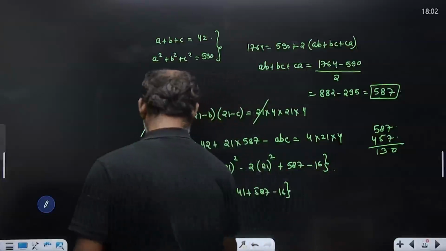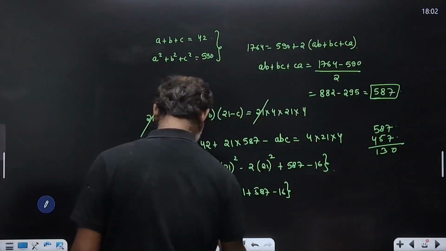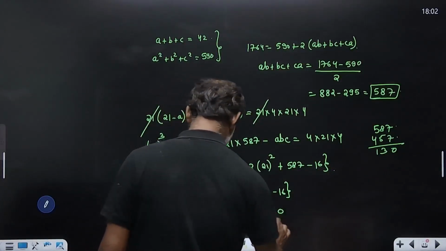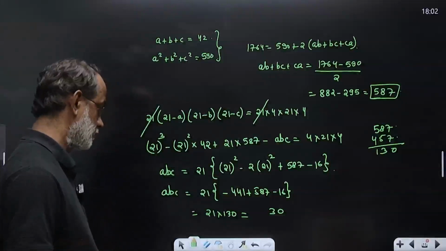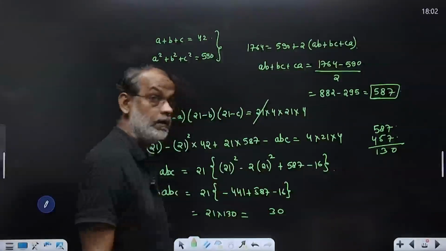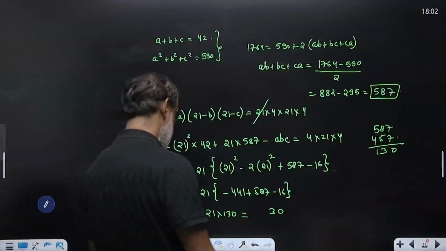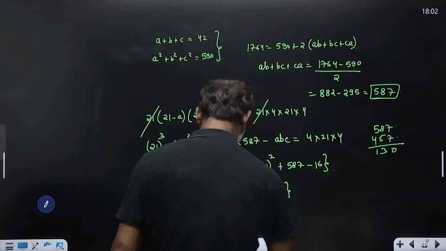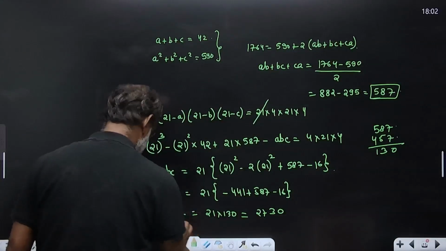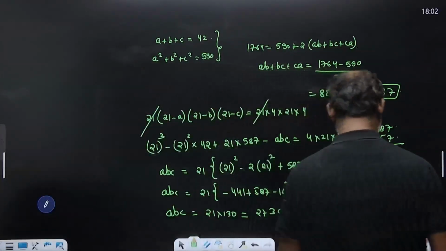So 21 into 130. 13 1 ja 13. 2730. So this is ABC. So ABC is 2730.